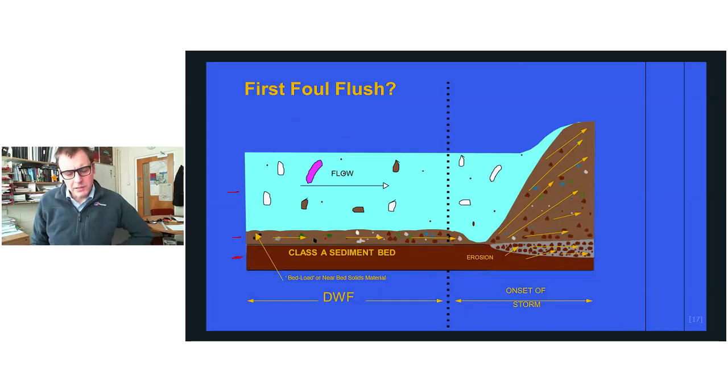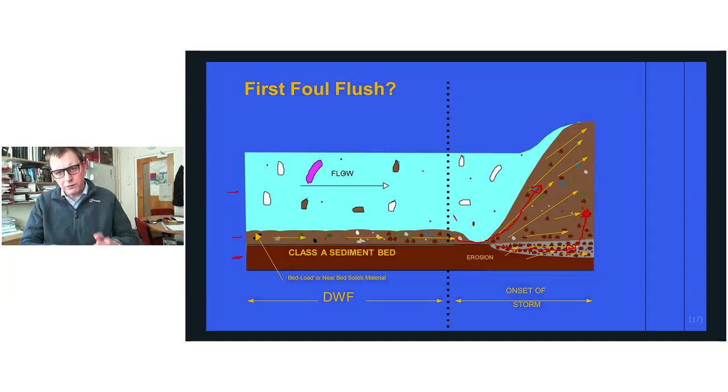What happens is once the flow velocity picks up, because you have flow moving into the sewer, that causes the bed load material to enter suspension. At the same time you might also get some erosion of your Class A bed, and that material also may enter suspension. It's important to note that this tends to happen towards the start of the storm event.